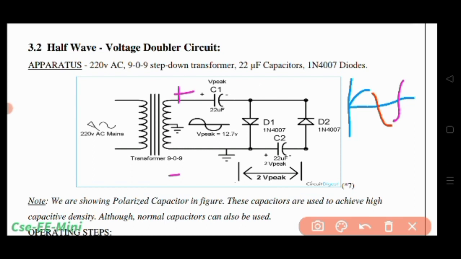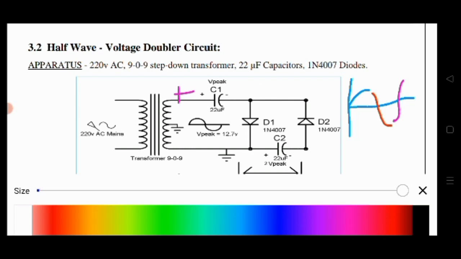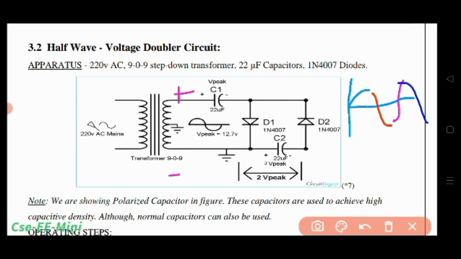Now in the next negative half cycle, the transformer polarity will be again like this, minus here and plus here.